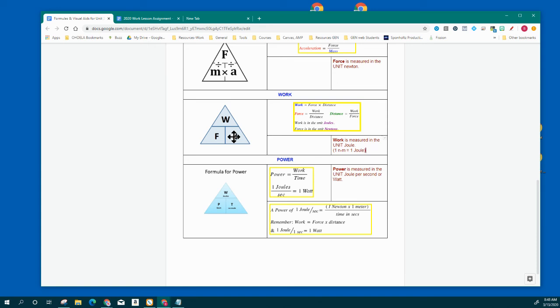So the formula triangle, whatever you cover up, shows you how to find that piece of information. If the letters are on top of each other, you're going to divide. If they're next to each other side by side, you multiply. So when you cover up D, you see work divided by force, W over F. And if you look over in my yellow box, you can see that I have distance equals work divided by force. Alrighty, that's how you use a formula triangle.